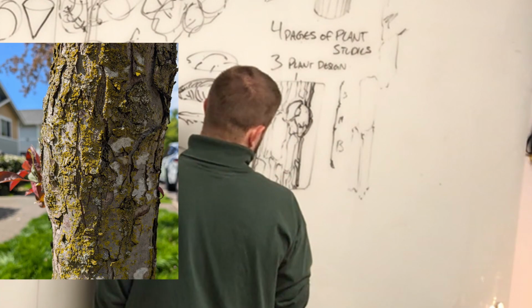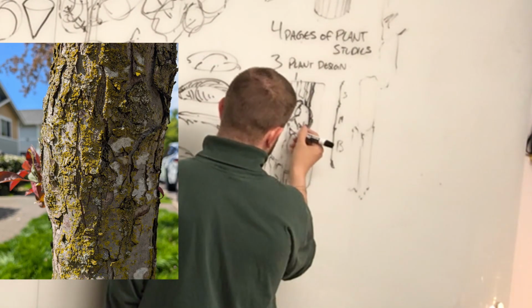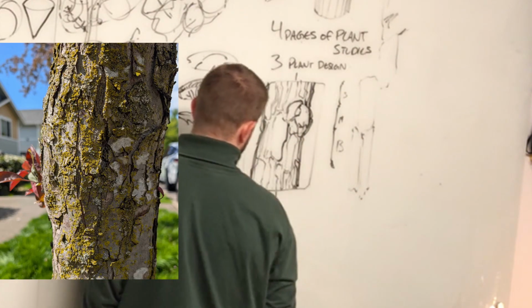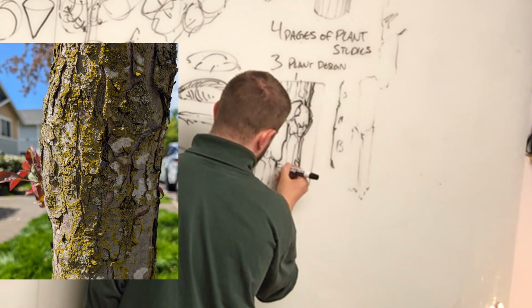So I like to go in and just put in ambient occlusion to begin with. Any dark spots, so right on the left of these pieces of bark, you're going to have strong ambient occlusion. The light can't get in there.